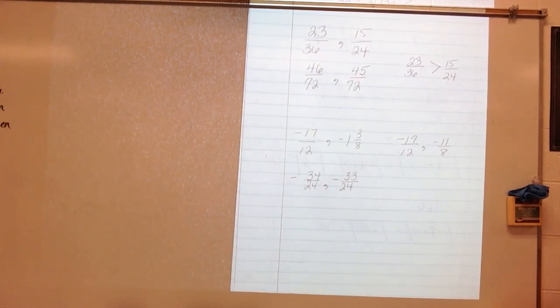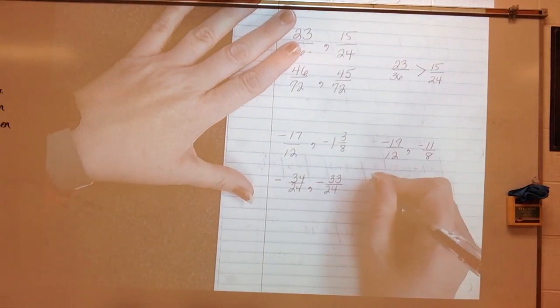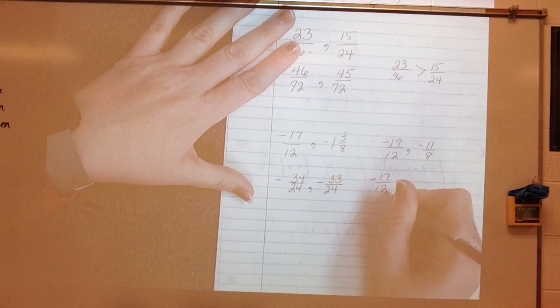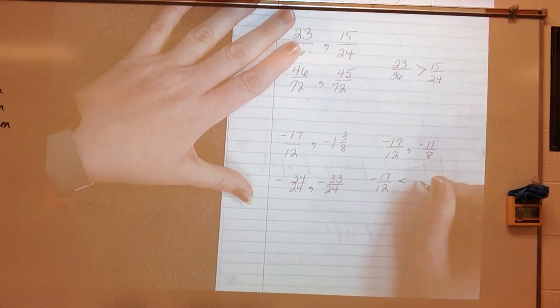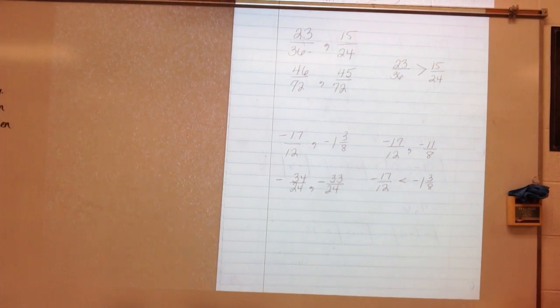And remember, the further down the negative side you get, the smaller your numbers are. So here's what I would say: negative 17/12 is actually less than negative 1 3/8. It is smaller because it's further down away from 0.